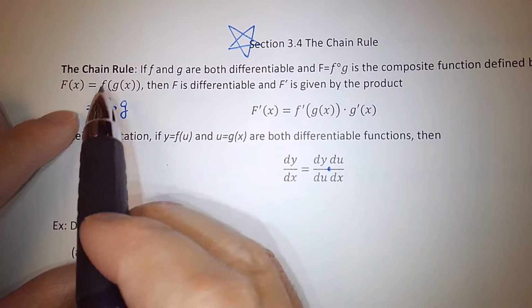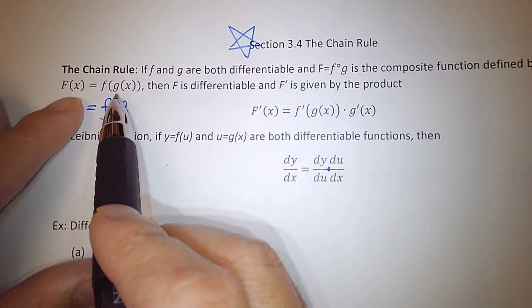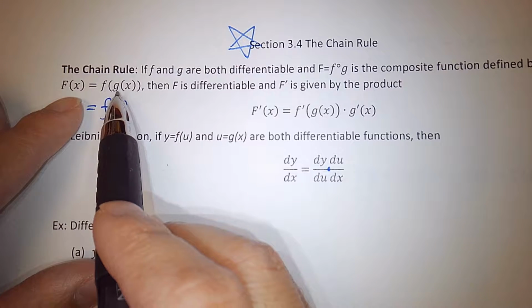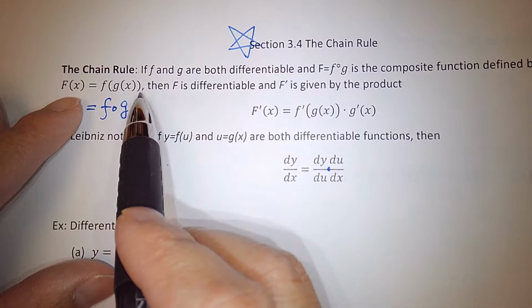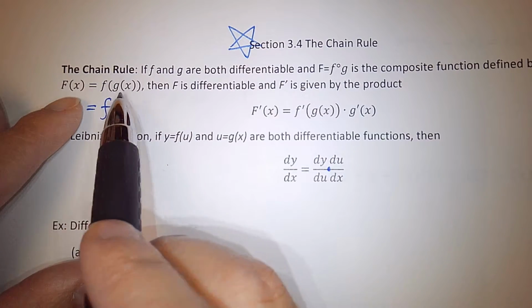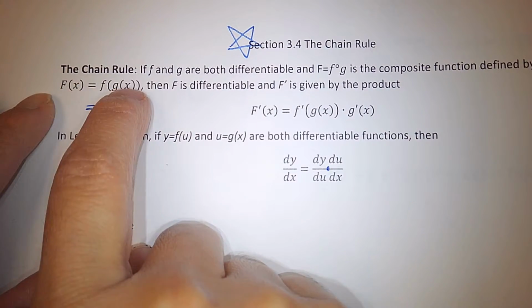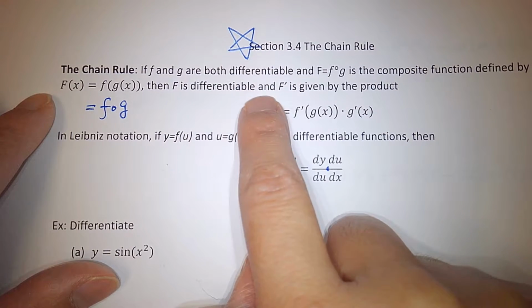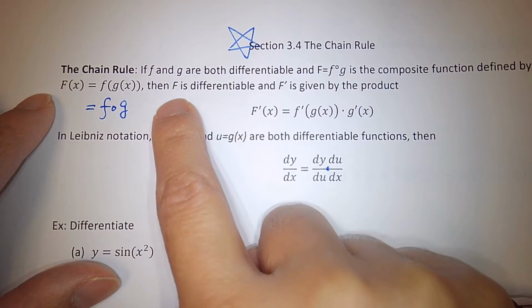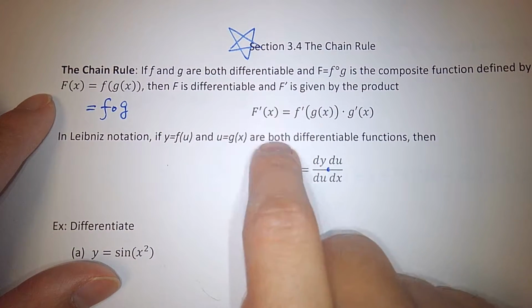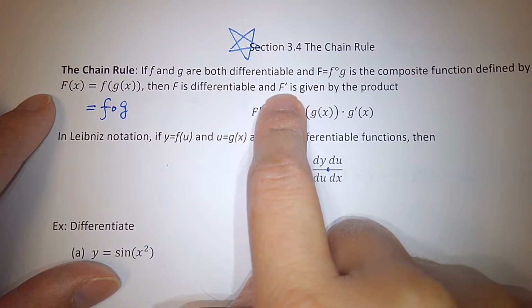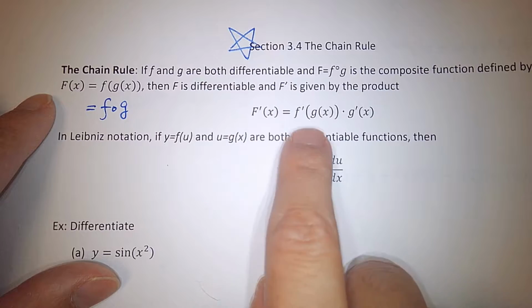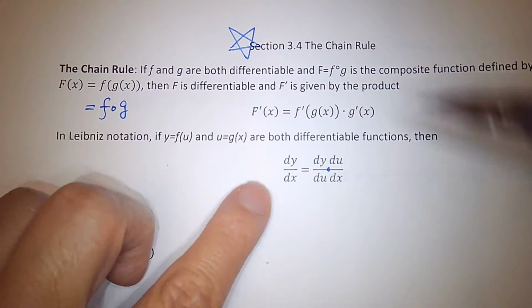So there are two functions. g is closer to x, so we call g the inner function, and f is a little bit further away, so we call f the outer function. So if this is the case, then to differentiate capital F, it says capital F is differentiable, so F prime, the derivative of capital F, is given by a product. What product?